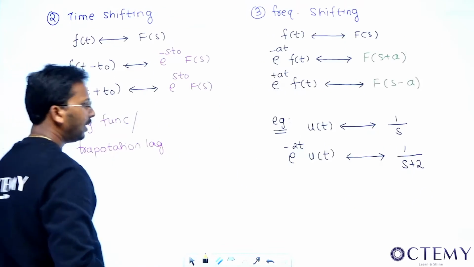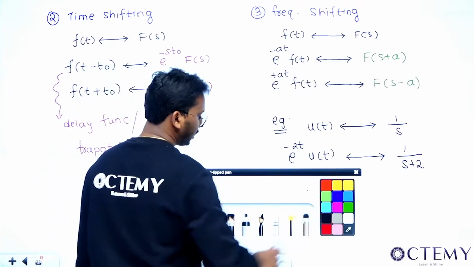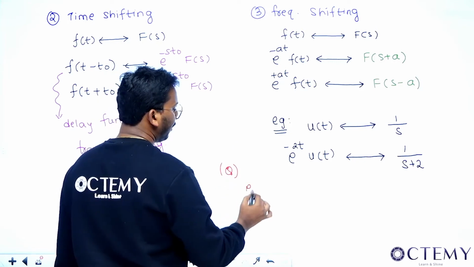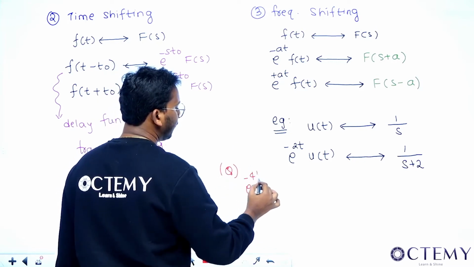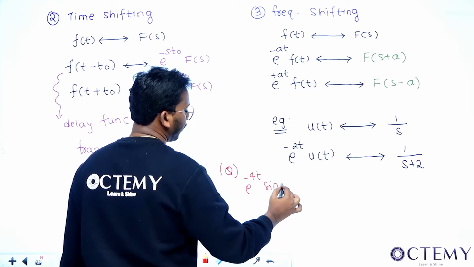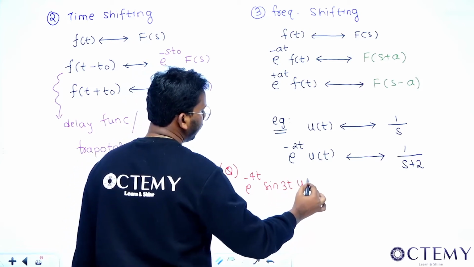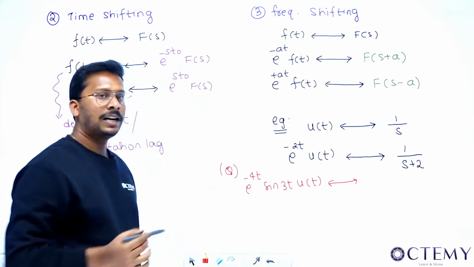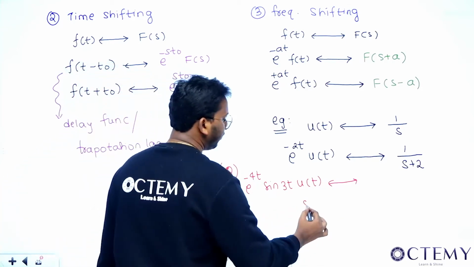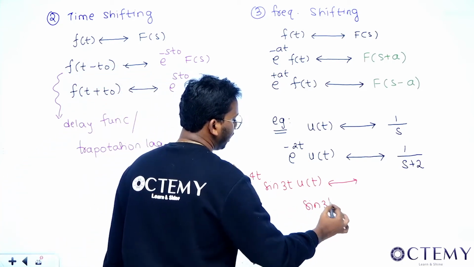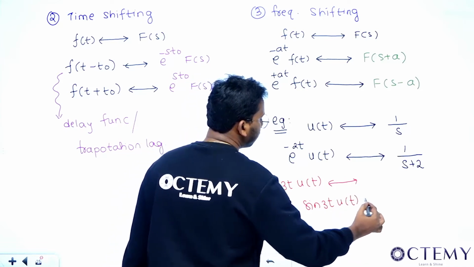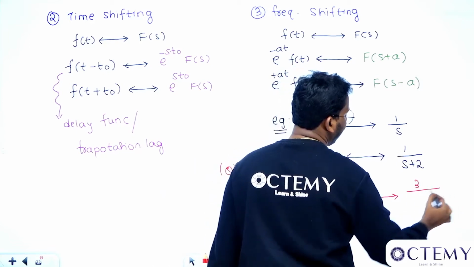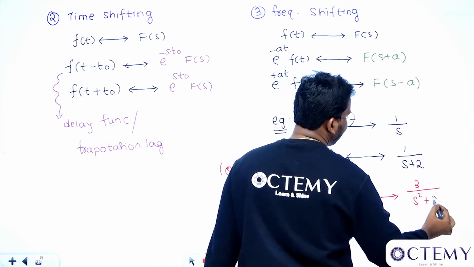Right? Similarly, by using this property, if I ask you what is the Laplace of e power minus 4t sin 3t u(t), first let us write it for sin 3t. We know that for sin 3t u(t), the Laplace will be 3 by s square plus 9.